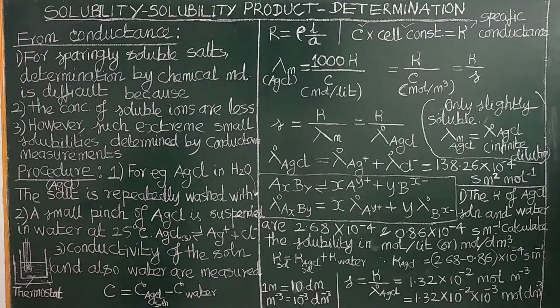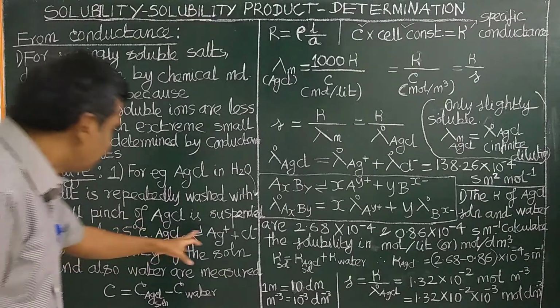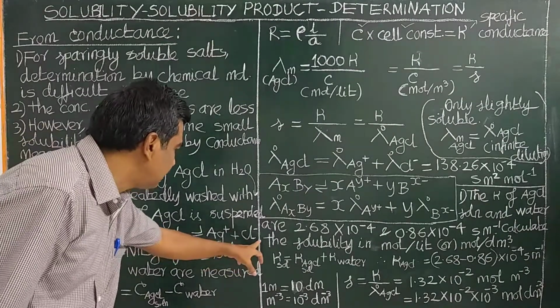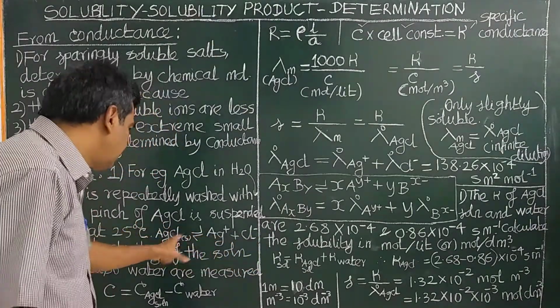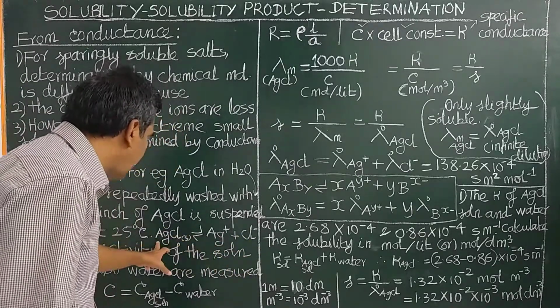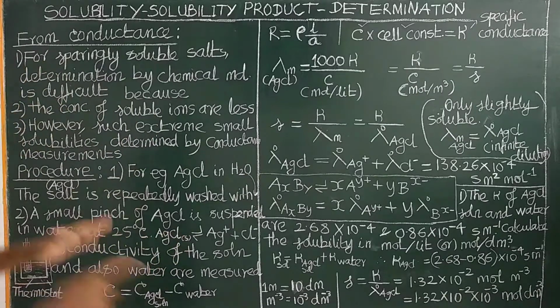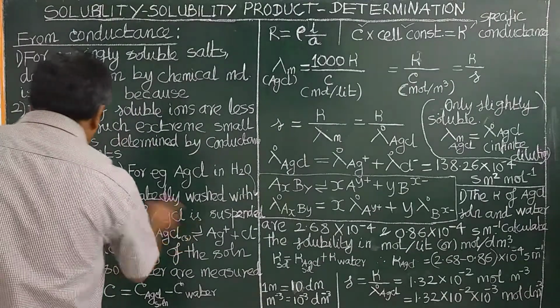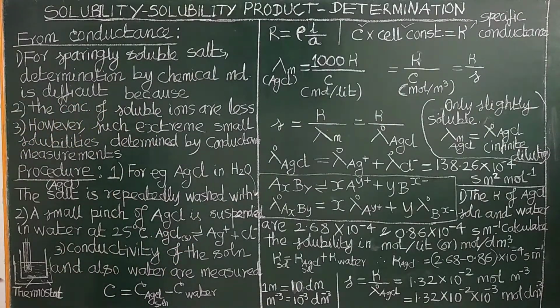Silver chloride is soluble in very small quantity to give Ag plus and Cl minus ions, and the soluble ions and the undissolved salt are in equilibrium with each other. We have studied this in the previous class. Using a thermostat, the temperature is maintained at 25, 30 or 35 degrees Celsius.